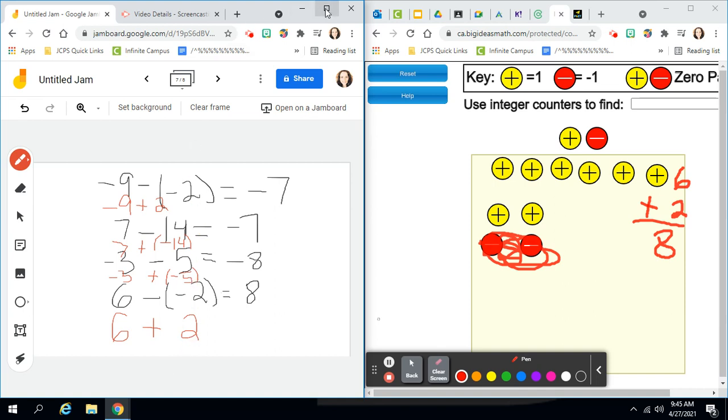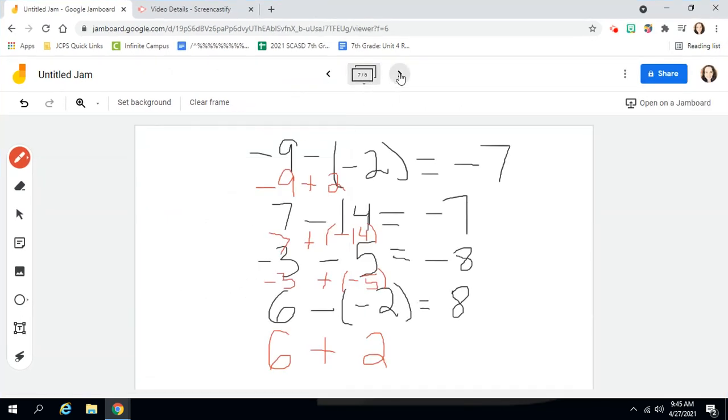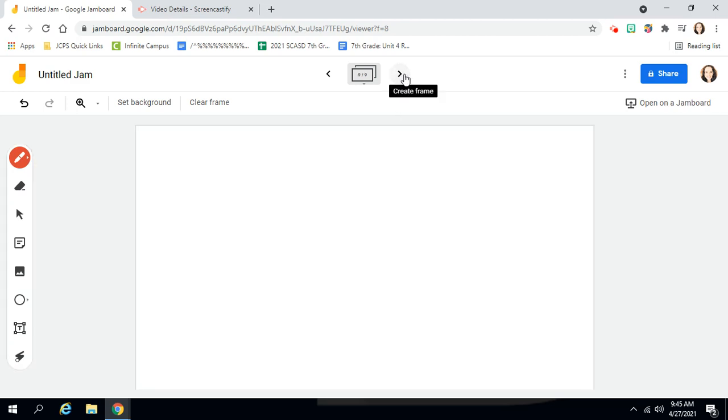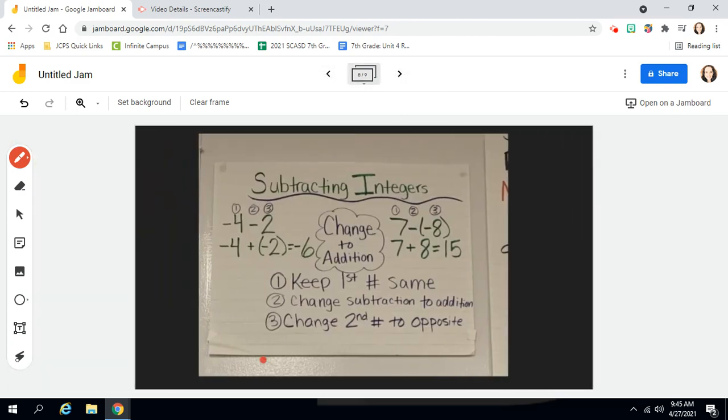Let's take a look at something here. Okay. When we subtract integers, we are really changing it into an addition problem. So in this case, if we did -4 minus 2, the real thing we solve to get the real answer is we do -4.